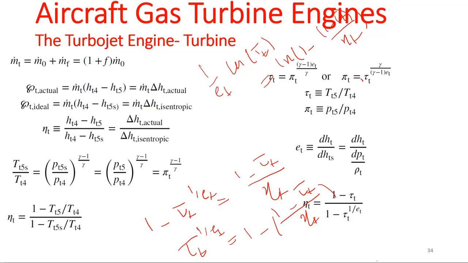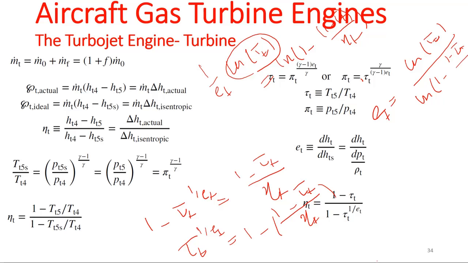Then we can take this natural log to the other side and take the inverse of the whole equation. You're going to get e of T equal to natural log of tau of T over natural log of 1 minus tau of T over eta of T. Does this make sense?